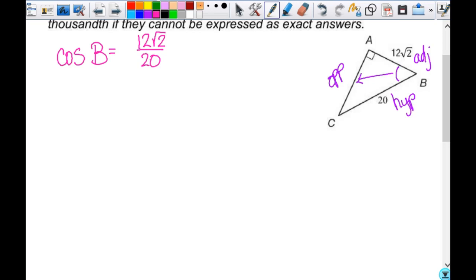So then what do I do to get B by itself? Inverse. So the measure of angle B is equal to the cosine inverse of 12 square root of 2 divided by 20. Okay, so go ahead and type that in your calculator.